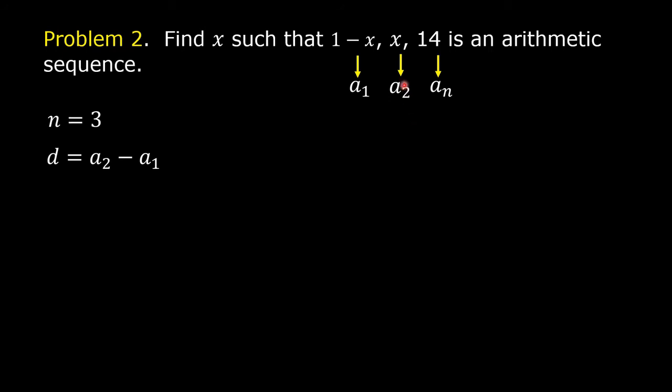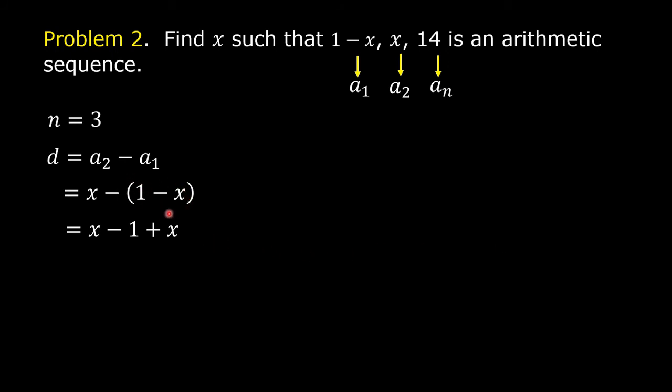But A sub 2 is x and A sub 1 is 1 minus x. So we have x minus the quantity 1 minus x. Remove the parentheses. So we have x minus 1 plus x.